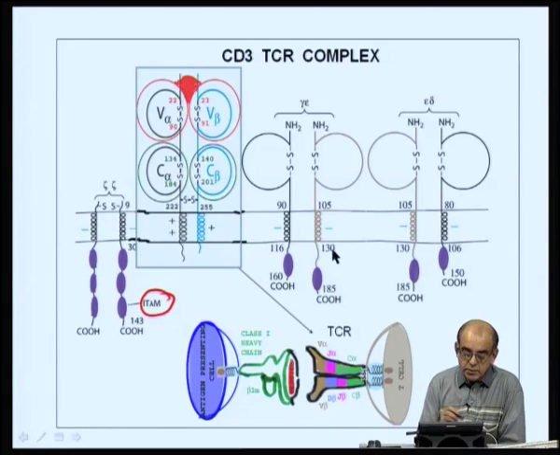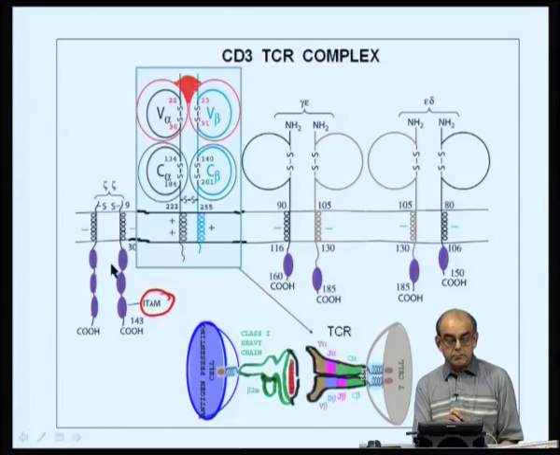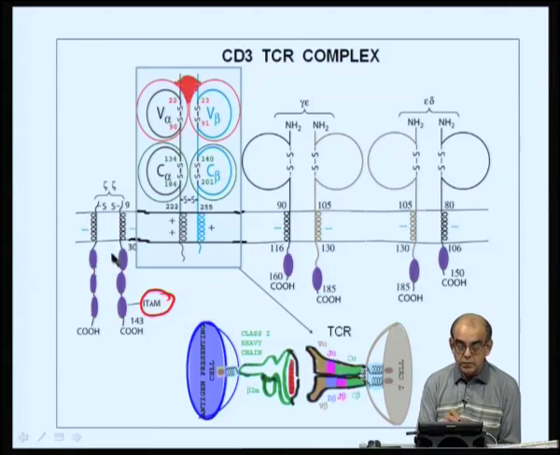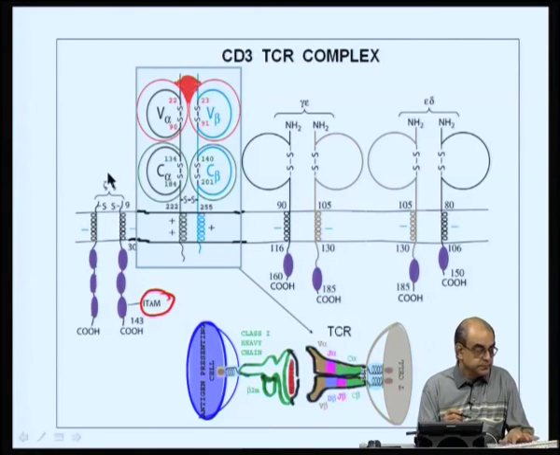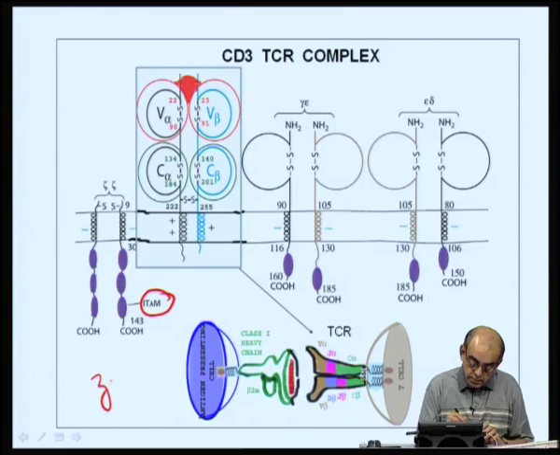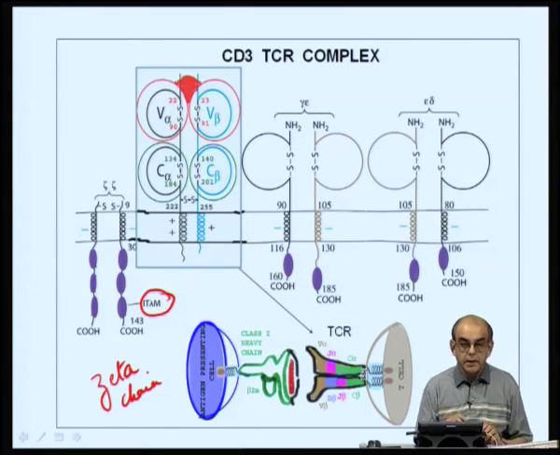As opposed to these two subunits, there is another homodimer that is also associated with this antigen binding portion of the T cell receptor, that has 3 ITAMs present in each one of the subunits, and this is called the zeta chain or the zeta subunit. This is always found as a homodimer.